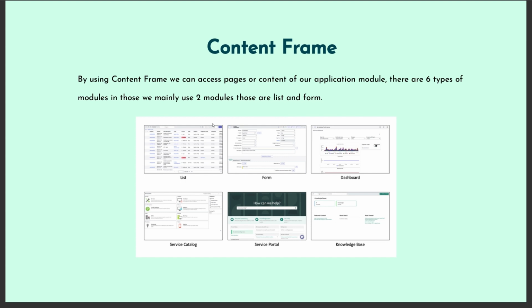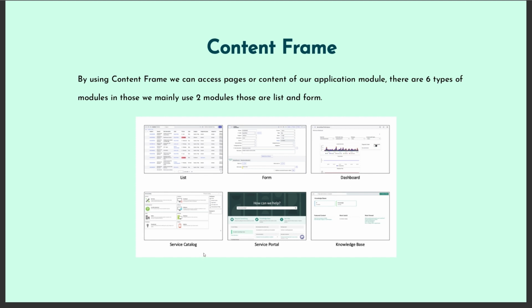For example, if you want to see all the tickets present in the incident table, then you'll go for list. And if you want to create a new incident, then you can see the form module in the content frame. And if you want to see the statistics or overview of any application, then you can see the dashboard.